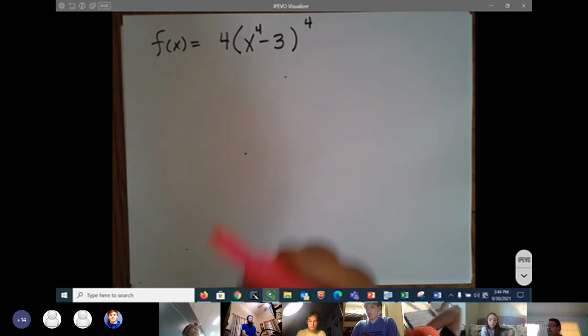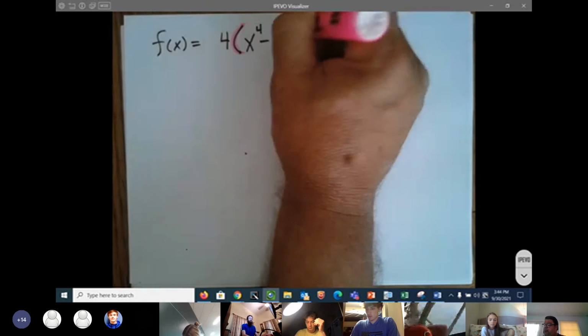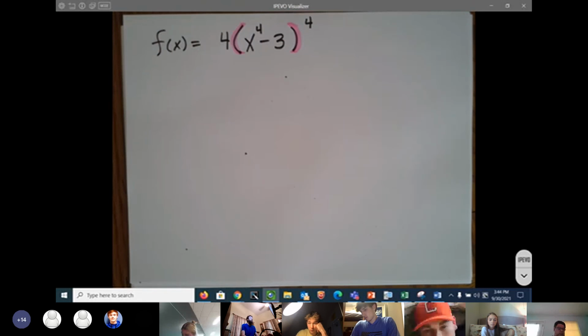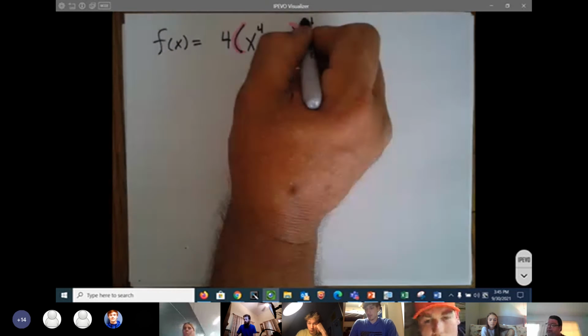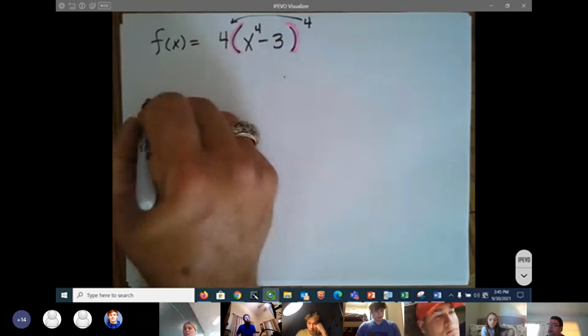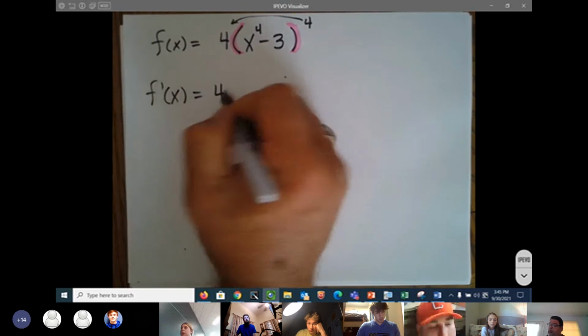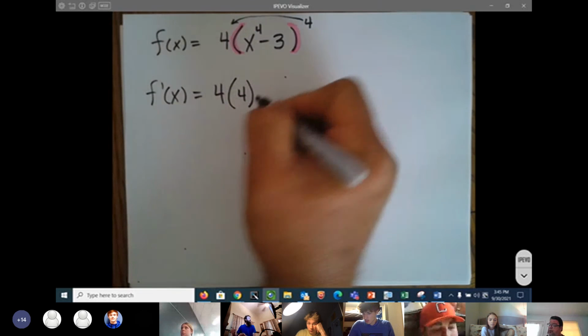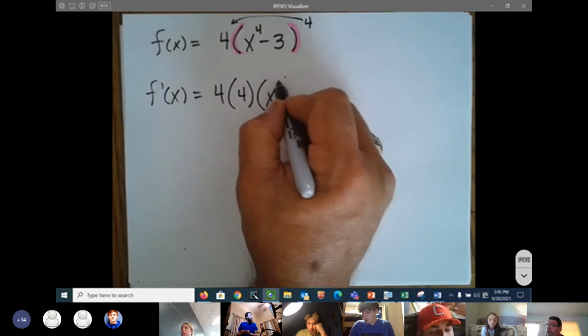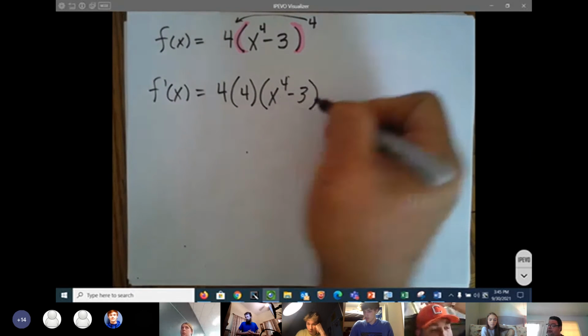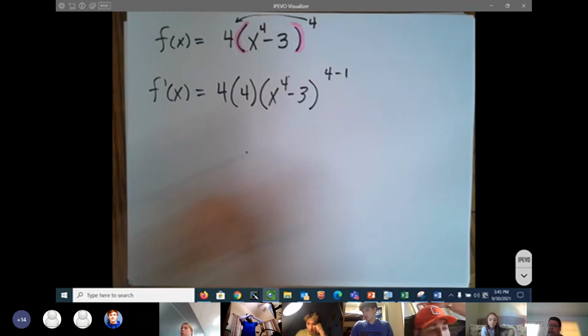There's your parentheses. So that 4 comes out front. So f prime of x is equal to 4 times (x to the 4th minus 3) to the 4 minus 1.